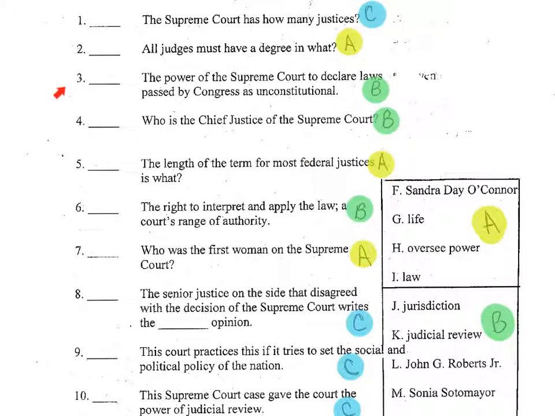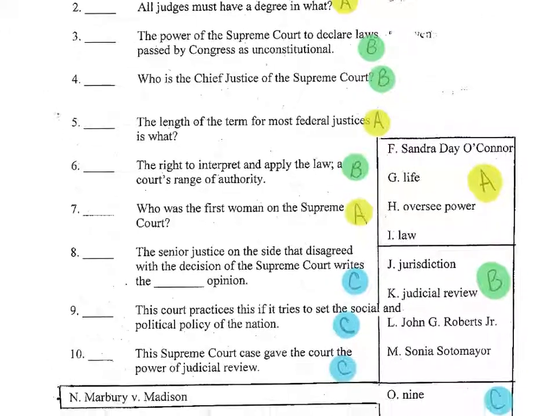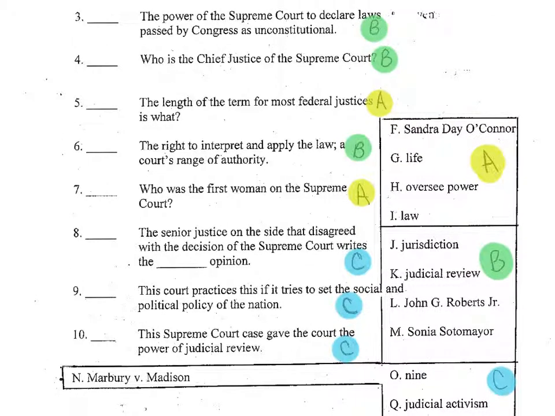Okay, so for questions 3, 4, and 6. So number 3, the power of the Supreme Court to declare laws passed by Congress as unconstitutional. So which of those talks about the Supreme Court declaring Congress's laws unconstitutional?